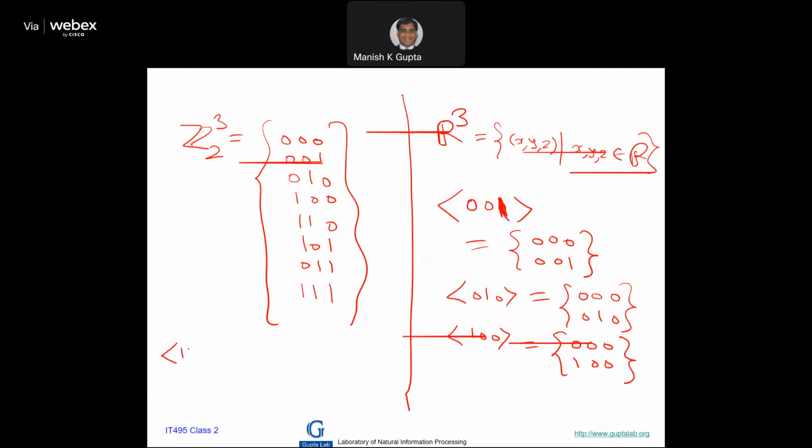Essentially that means lambda times 1, 1, 1, such that lambda belongs to Z2, right? So there are two possibilities, 0 or 1. So we are basically getting 0, 0, 0 and 1, 1, 1. So our code that we used was a one-dimensional subspace, right?